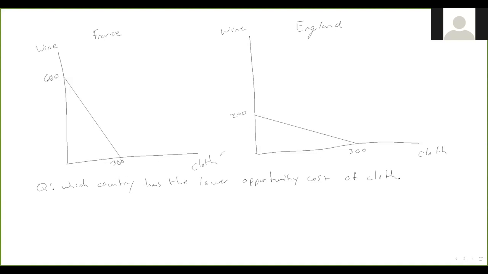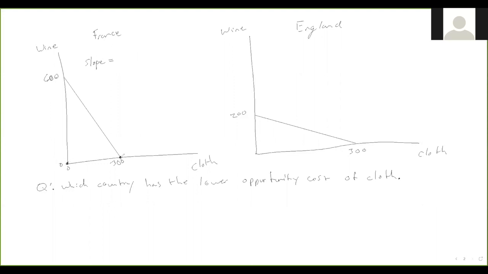To answer that, we just need to calculate the slope for each of these PPFs. For France, our slope is rise over run. I've only given you 2 points, but it doesn't matter. We know this point is 0, 0.